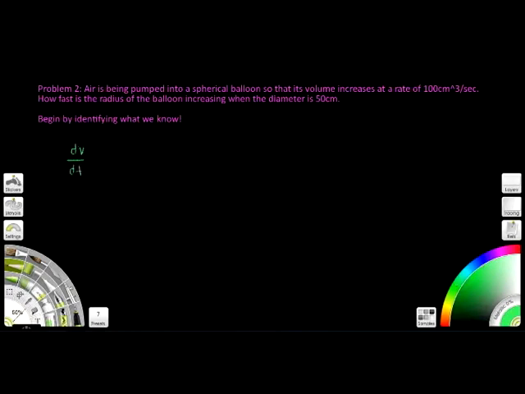The volume with respect to time is 100 cm³ per second. What are we looking for? We want to know the radius with respect to time when the diameter equals 50, or the radius equals 25.